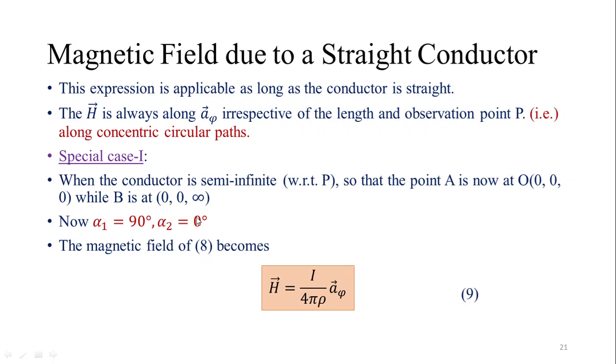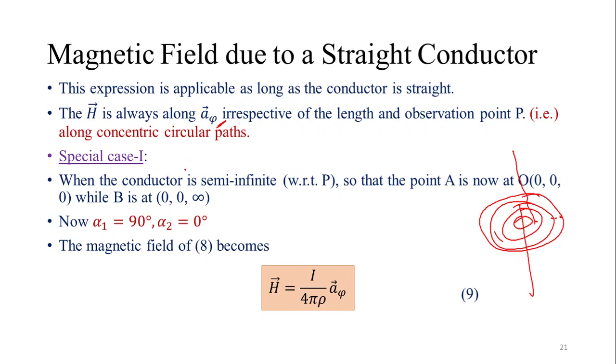So if you are having a straight conductor, the field will be around this. You will have fields encircling this conductor, so at any point this is encircling the conductor, that is along the a phi vector.